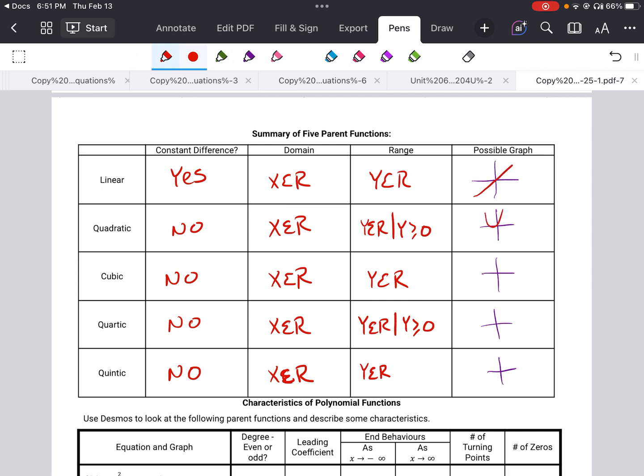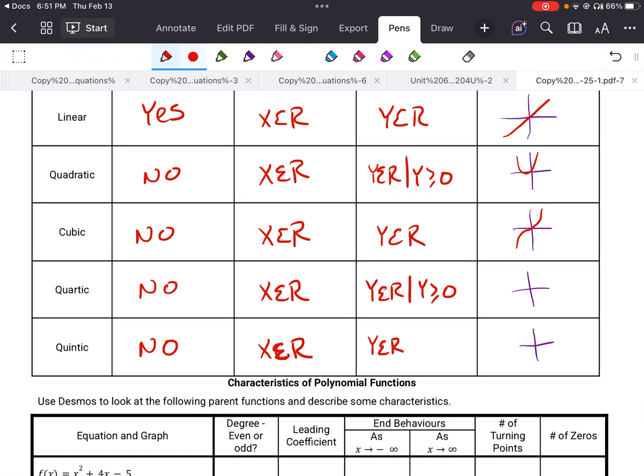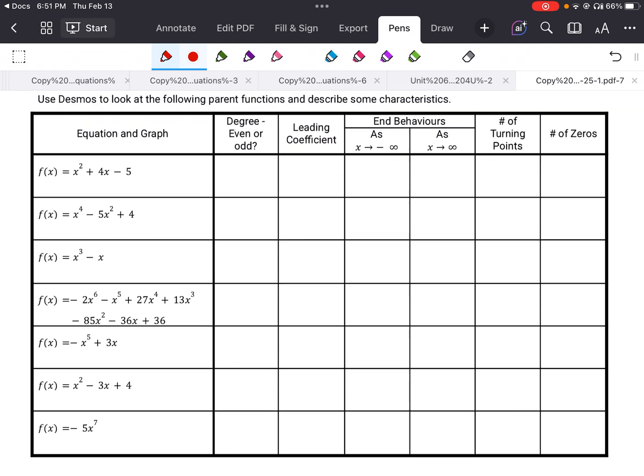So linear goes straight through, quadratic touches and goes back up, cubic, a little bit of a curve, quartic, a more defined, and then quintic, a more defined, goes through. Or go through, not straight through.